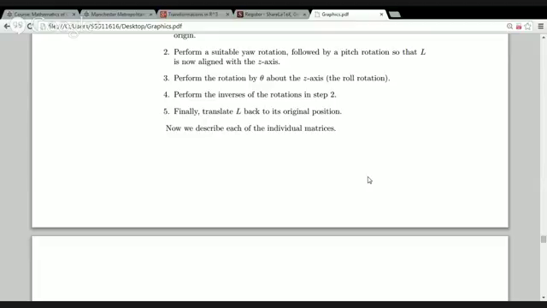Note that the magnitude of this vector d prime is the same as the magnitude of the original d. Where did you get this d prime from? You got it from the original vector d by translating it. Well, translating it doesn't change the vector at all. Then you rotated the vector around. Well, that's an isometry. It doesn't change the length of the vector.